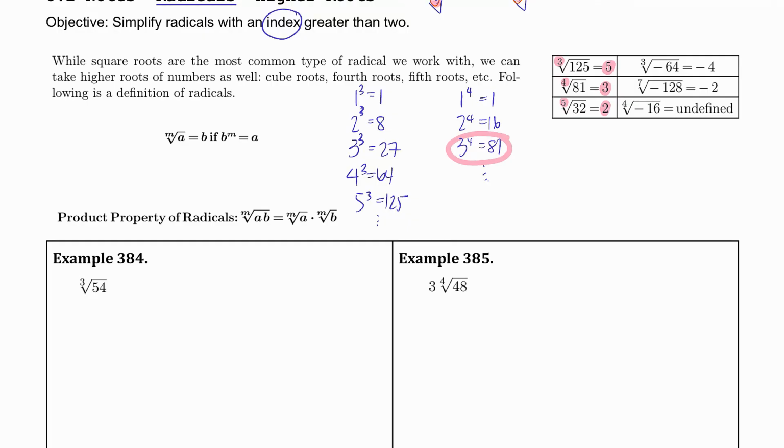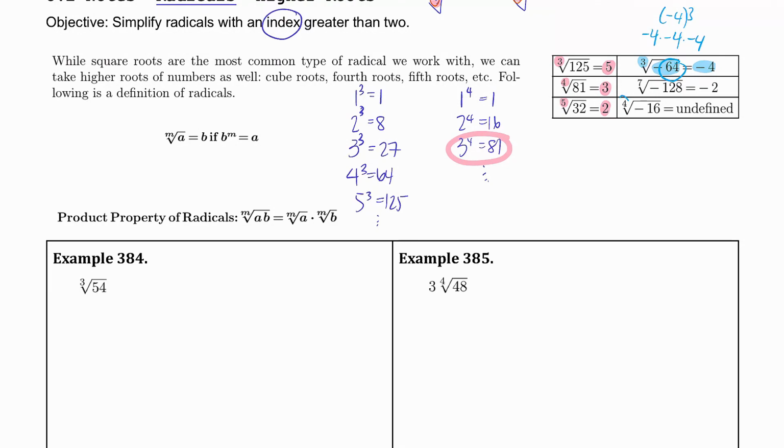We talked about with square roots that if we take the square root of a negative number, we get a non-real answer. Well, notice here, if I take the cube root of a negative number, I can do that. I get negative 4. And that's because if I take negative 4 times negative 4 times negative 4, or negative 4 cubed, I get negative 64.